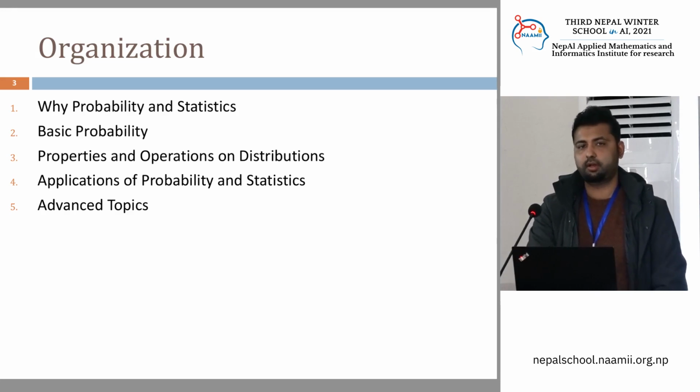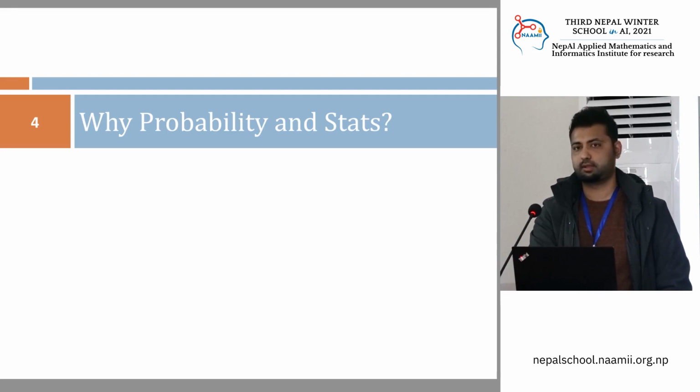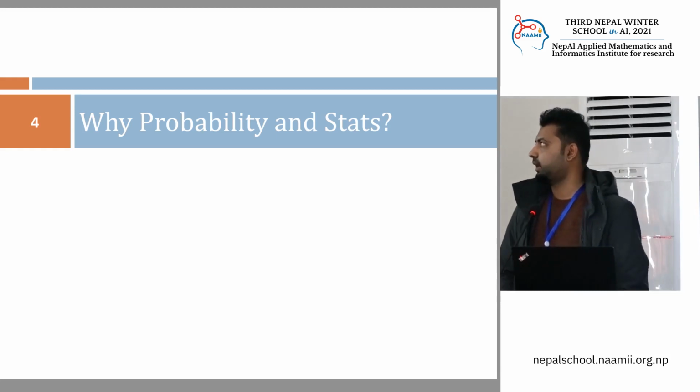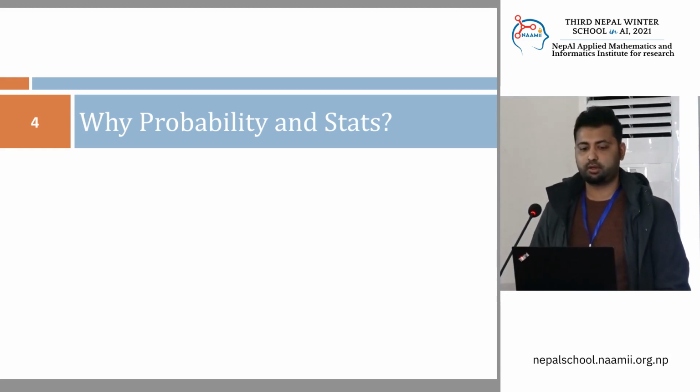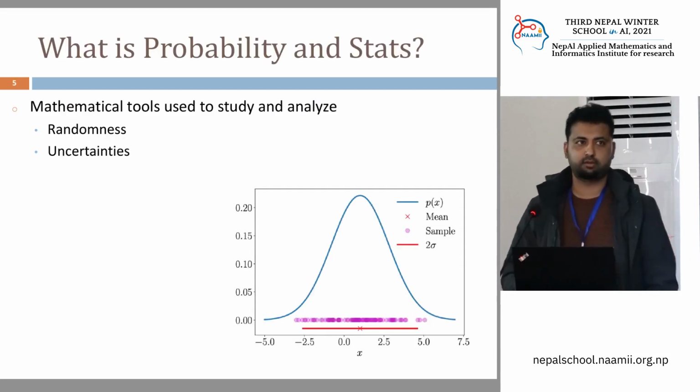So, why do we need this topic in this winter school? Probability and statistics talks about randomness and uncertainties and how to analyze those when we try to do machine learning, for example.